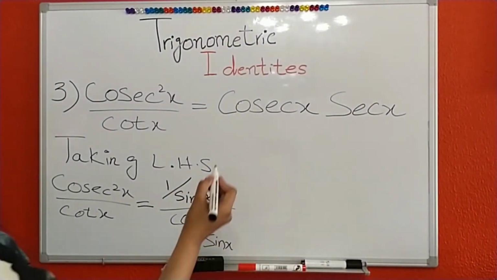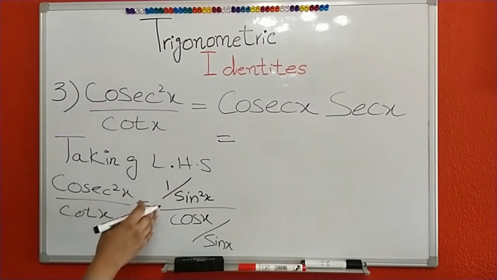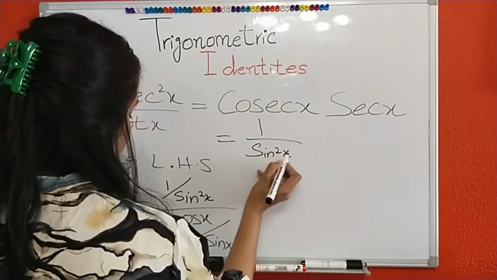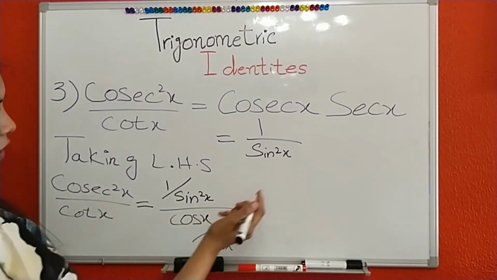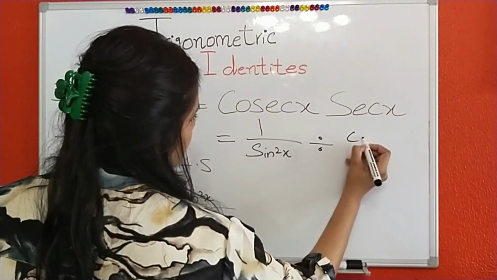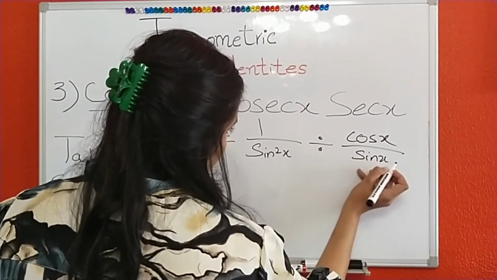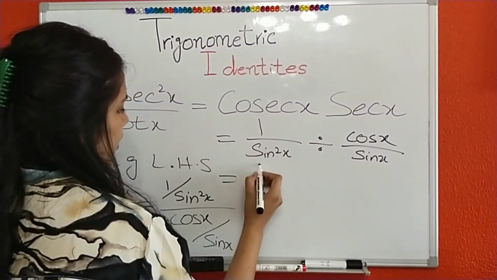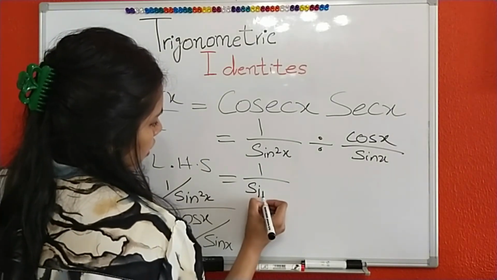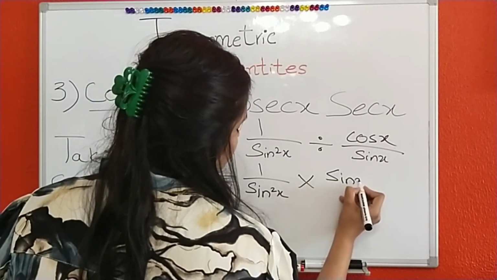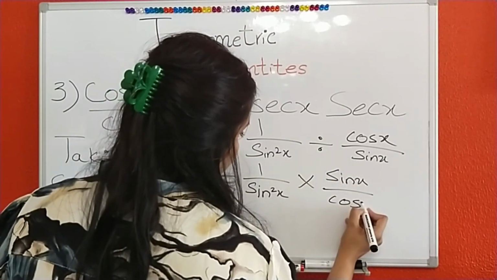Okay, so I'm just simplifying 1 over sin²x and the values dividing with 1 over sin²x, cos x over sin x. Now I'm converting the divide sign into multiply. So sin²x multiplied by sin x over cos x.